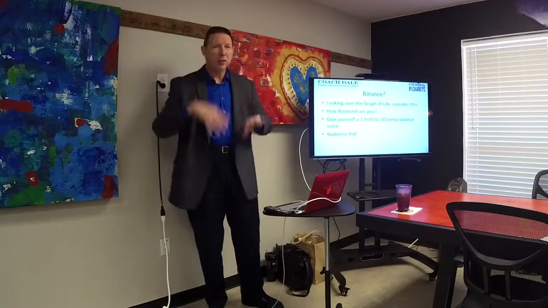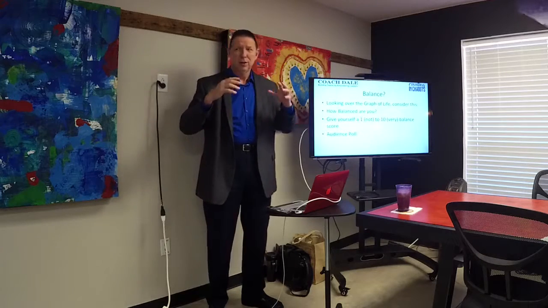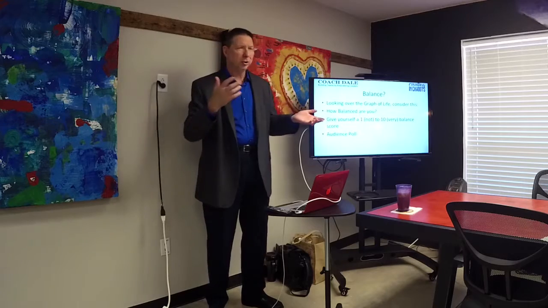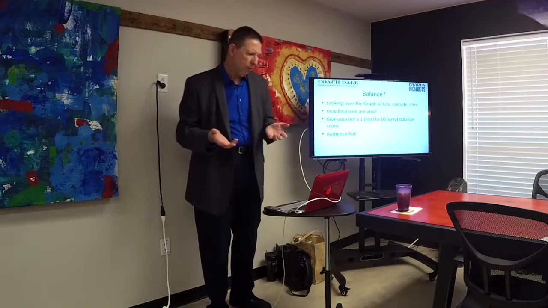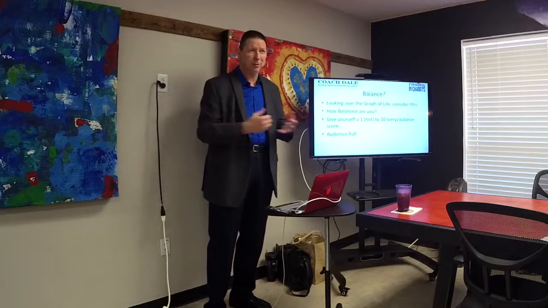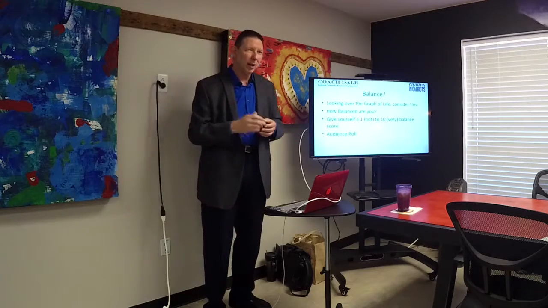So looking over these categories and looking at this Graph of Life in a holistic approach, think about how balanced your life is, okay? And give yourself a 1, saying I'm not balanced, to a 10, saying I'm very balanced. So come up with that number. Everybody got a number?